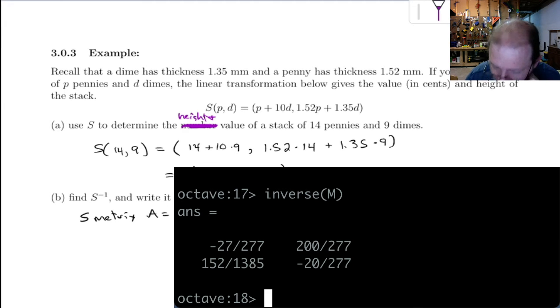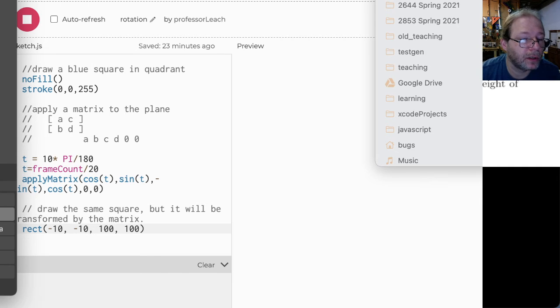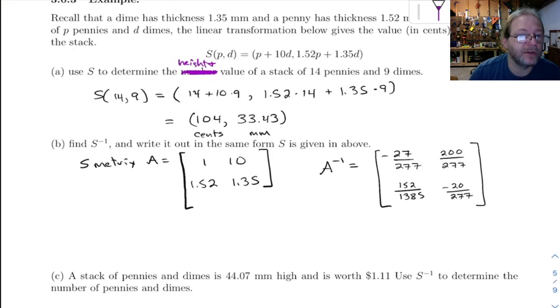Negative 27 over 277, 200 over 277, then 152 over 1385, and then negative 20 over 277. Okay, so that's our inverse matrix.